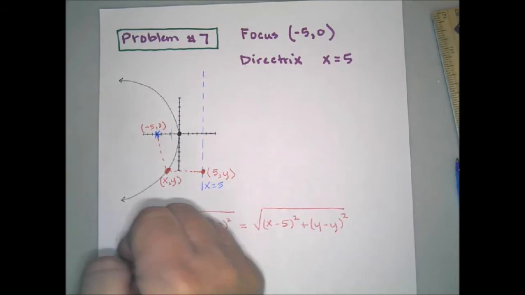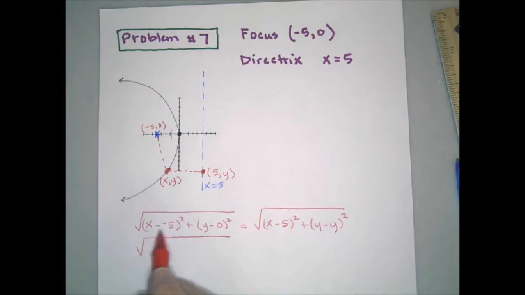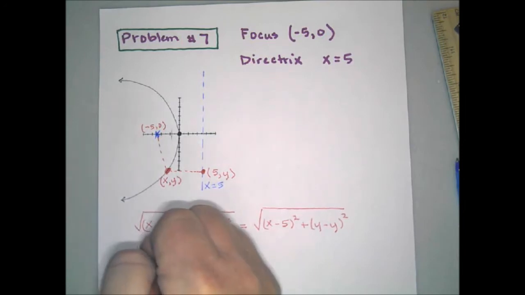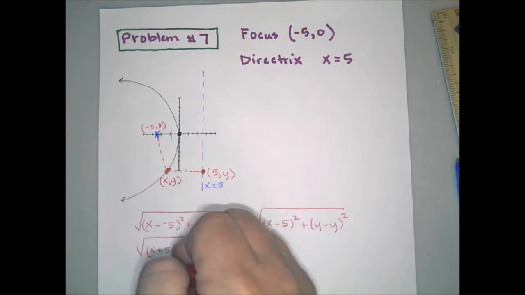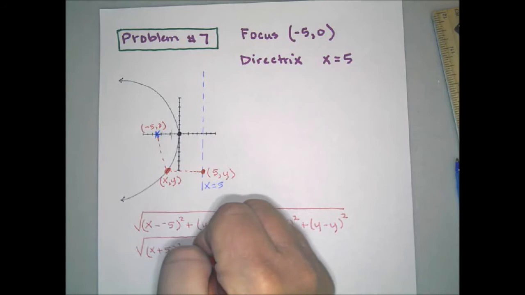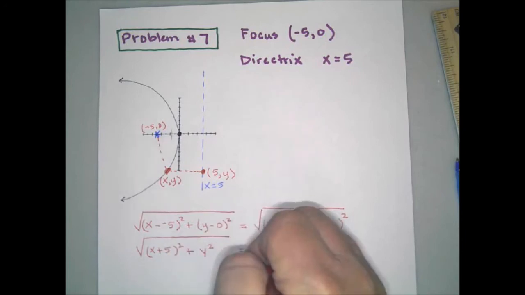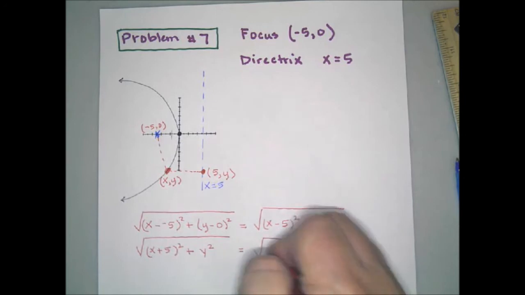I'm going to make this x plus 5 squared plus, now y minus 0 squared is simply y squared equals, now over here, x minus 5 squared.